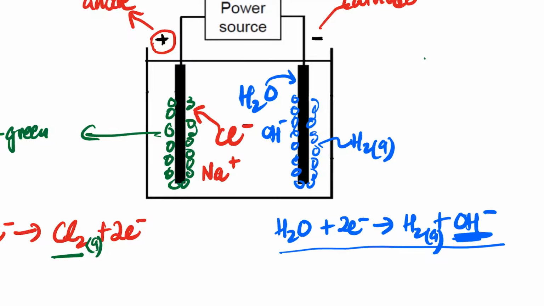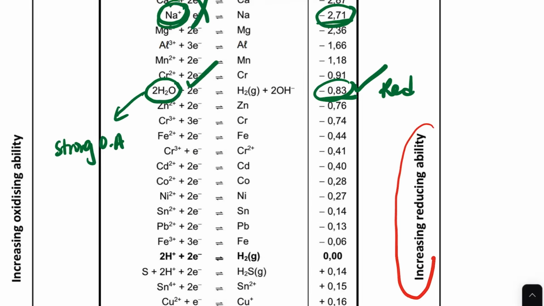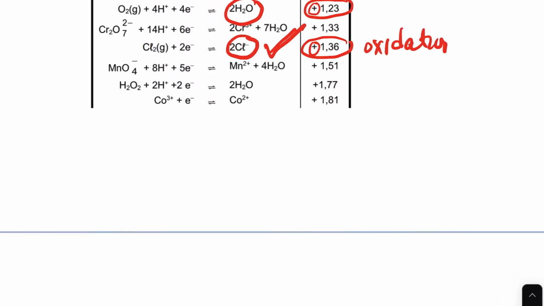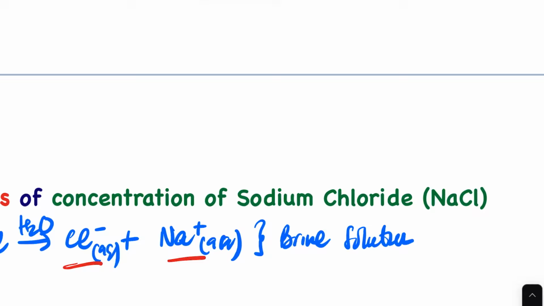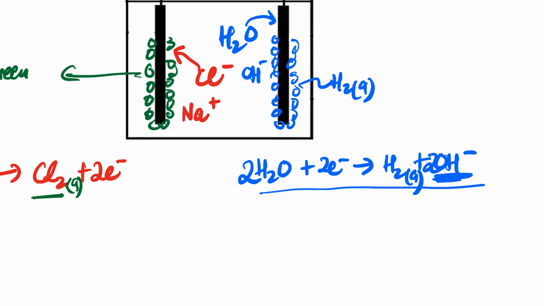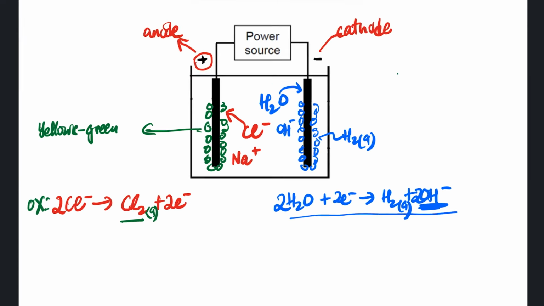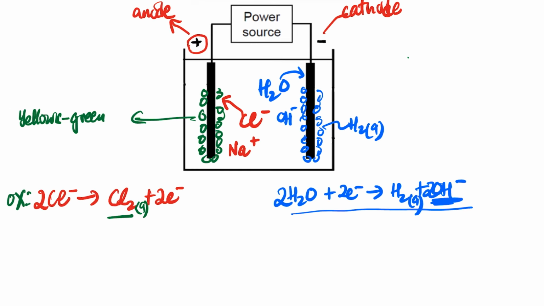This half reaction, guys, is this one in the table. That half reaction, and I didn't write it correctly as well. So there are 2 water molecules that give you 2 OH minus there. So that's the half reaction that occurs there, right?